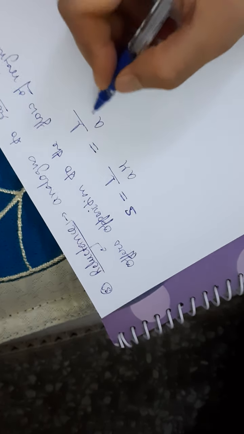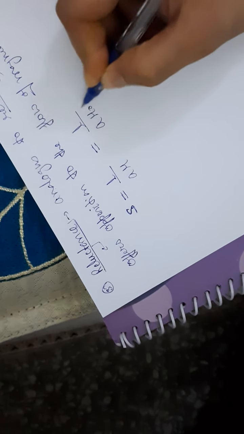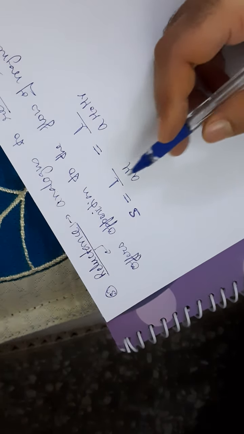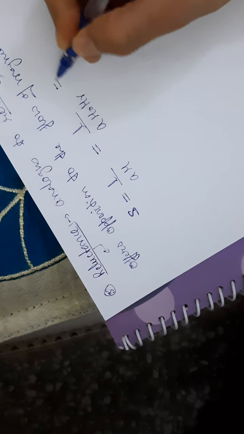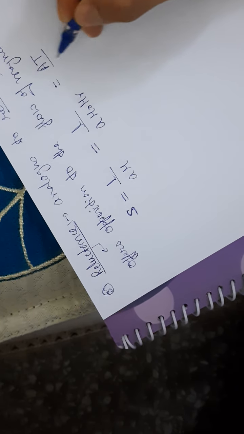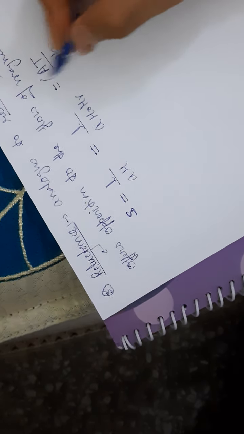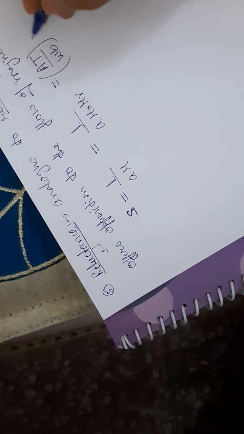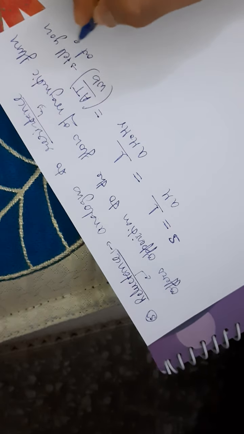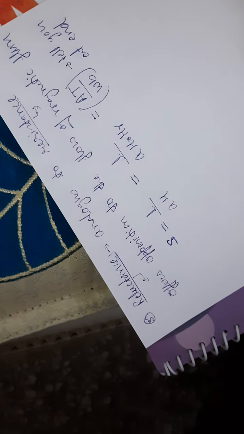Mu is the permeability, given by mu naught mu r. The unit for S is ampere turn per Weber. Why it is ampere turn per Weber, I will tell you at the end of this lecture.